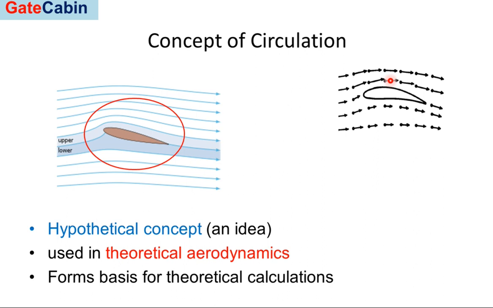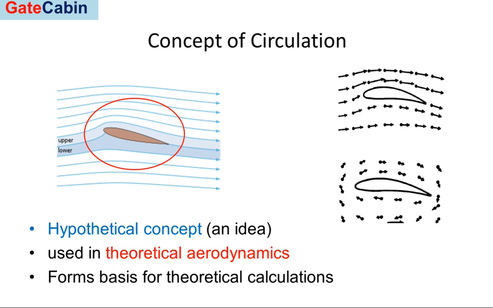When the free stream velocity is subtracted from all these velocity vector points, a different scenario comes up in the picture. The resultant velocity, when we take the difference of free stream velocity and local velocity on the surface of the aerofoil, results mathematically. Visualizing this, the picture appears somewhat like this, which is in picture number 2.